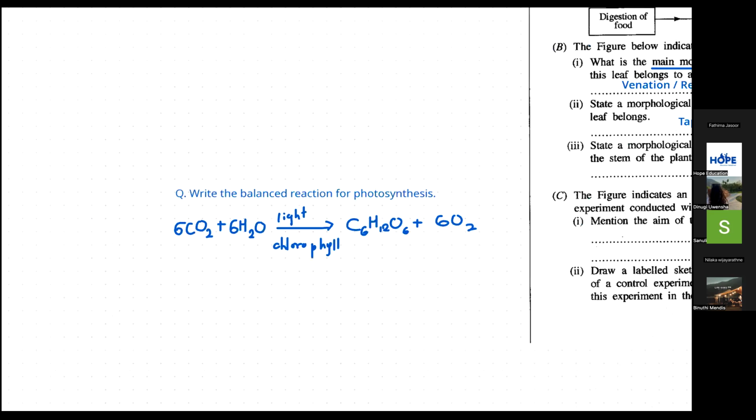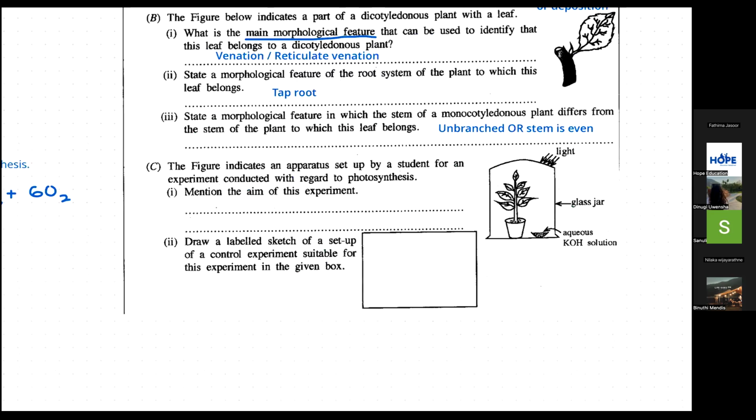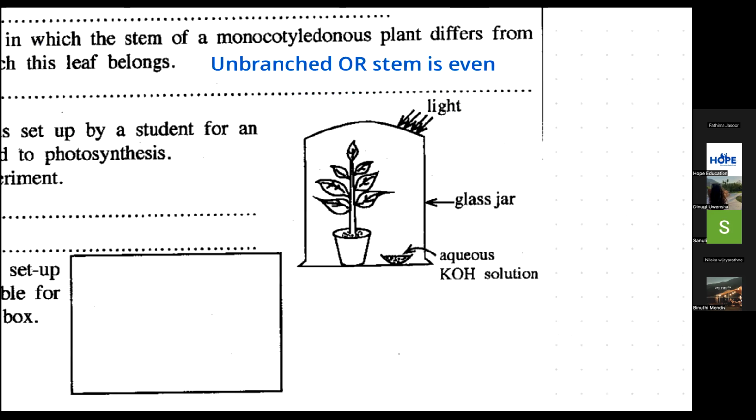Everything should be there. Here this is actually to test if carbon dioxide is required, because here the plant gets light energy well. But there is a small container with KOH here, and we know the function of KOH is to absorb carbon dioxide.